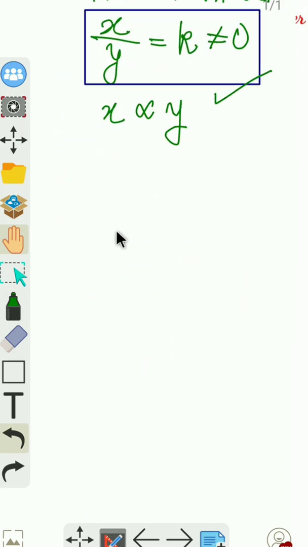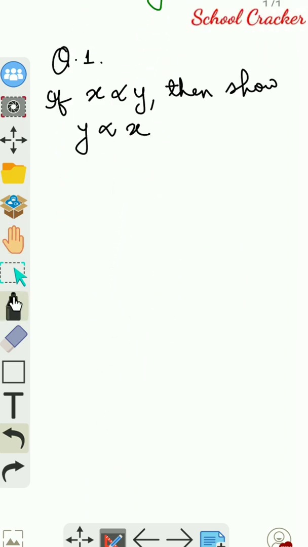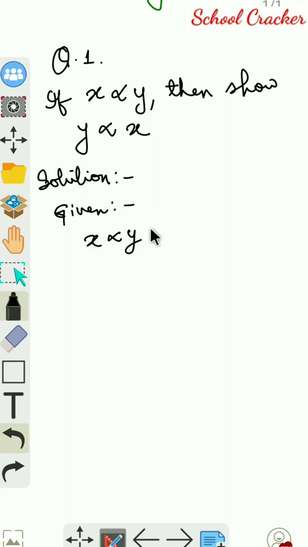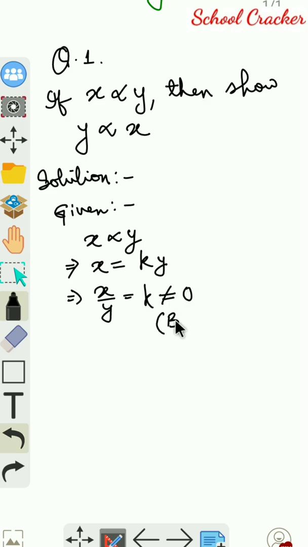Let us consider one problem. Given x is proportional to y, that means we can simply write x equals ky, for that matter x by y equals k, and k is not equal to 0 by definition. Now what do we have to prove there?